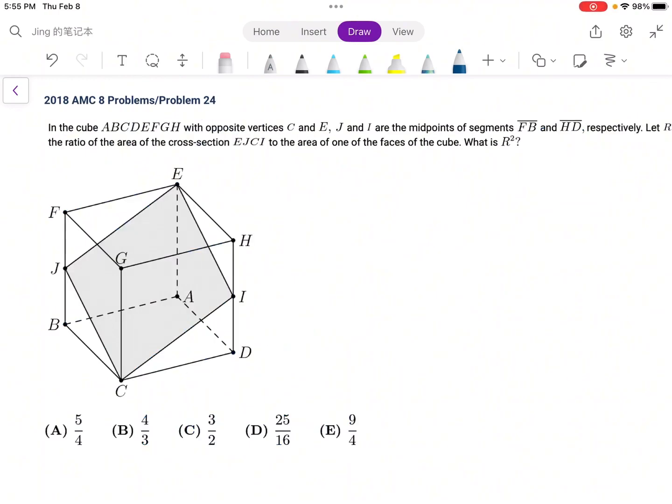Problem 24. For simplicity, we can assume the size of the cube is 1. Because J and I are midpoints of FB and HD, therefore the length of JI equals the length of BD.